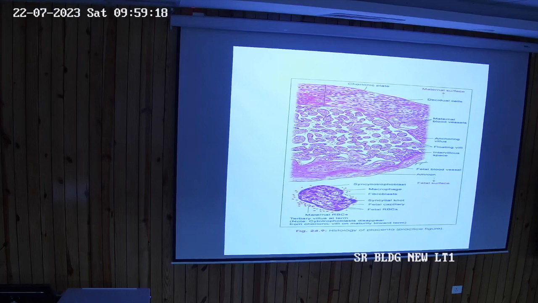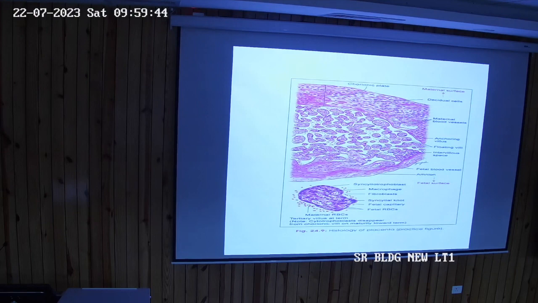It develops from two parts. As this organ is connecting the fetus with the mother, that is fetal blood vessels to the mother's blood vessels, the development is also from two sources.